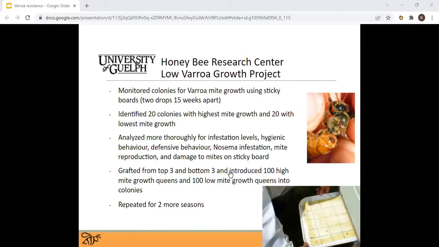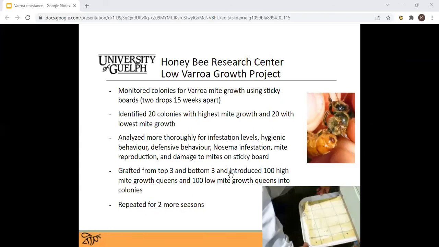And work that's come out of Pierre Giovinazzo's lab at the University of Laval has correlated it with Varroa Sensitive Hygiene. And it makes sense, right? There might be a lot of different mechanisms causing low Varroa growth. In some cases, in research cases, and for some breeders, it matters what that mechanism is.